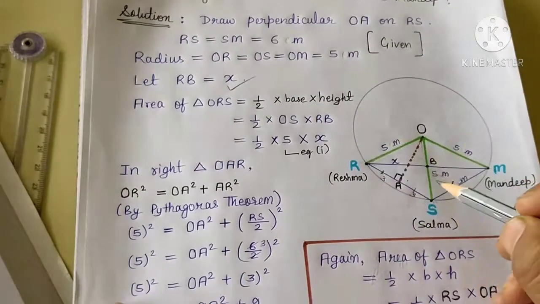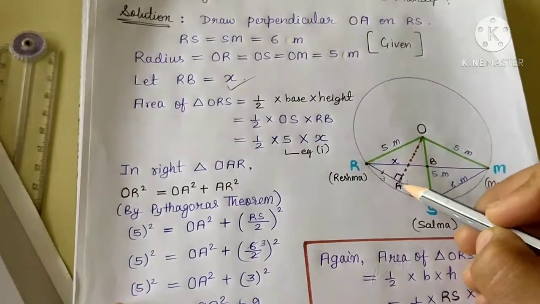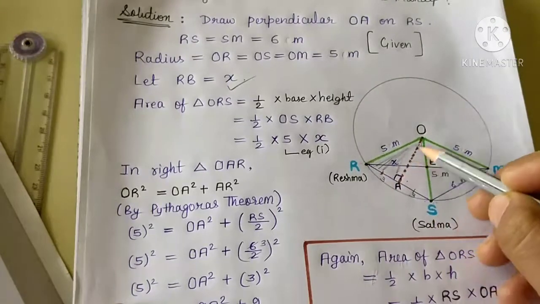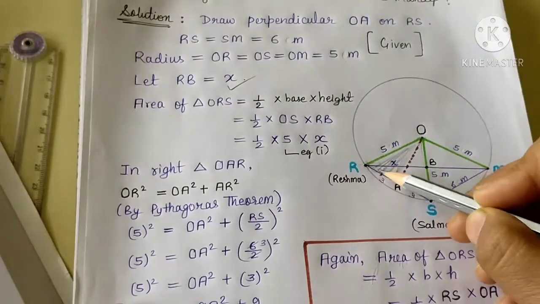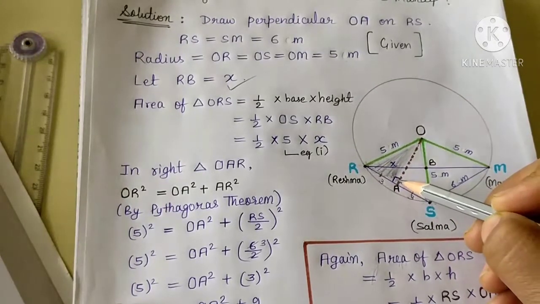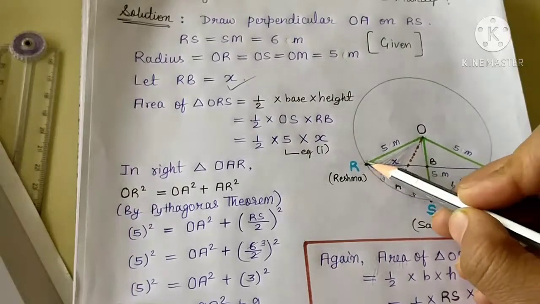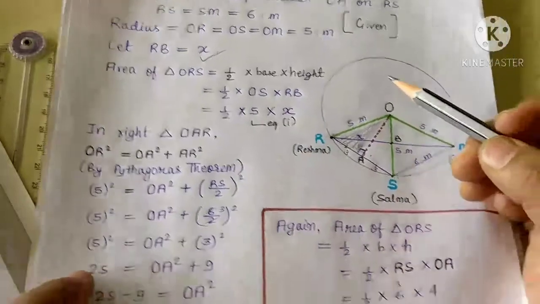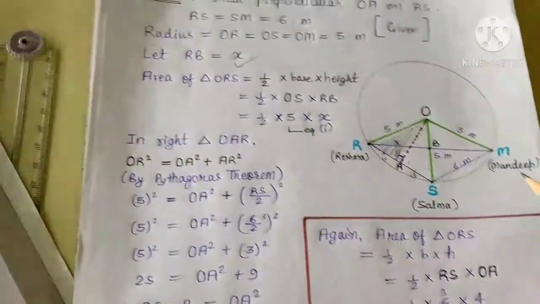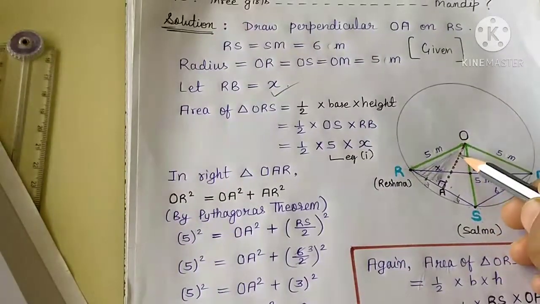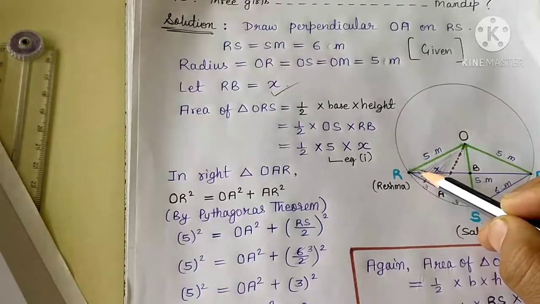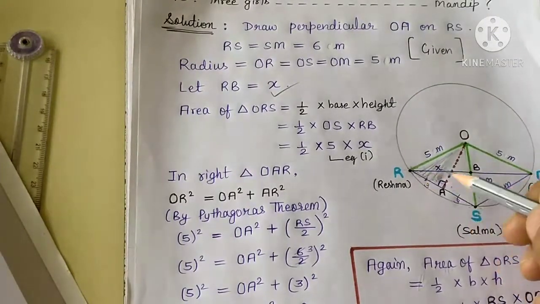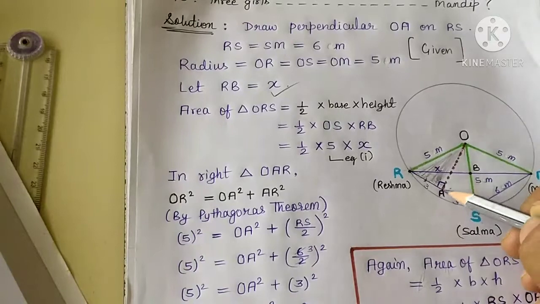Now in right triangle OAR, I am shading this right triangle. This is a 90-degree angle, so in front of the 90-degree angle is the hypotenuse. So we can use the Pythagoras theorem here. OR square equals RA square plus OA square.